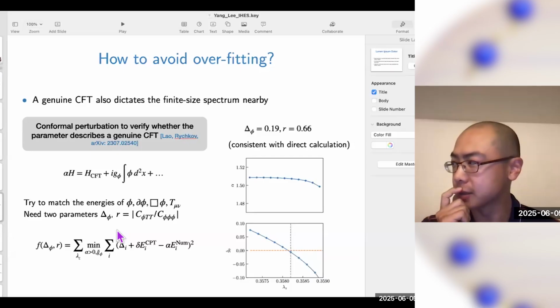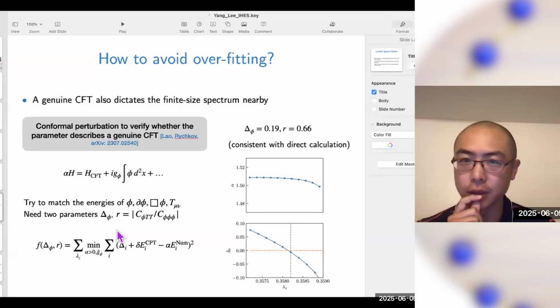Let me think. Oh, actually, they both flip sign based on your convention for phi, but the ratio should be well defined. Right. Sorry, I didn't look at this. Yeah, I'll look at that. Thanks for the comment.